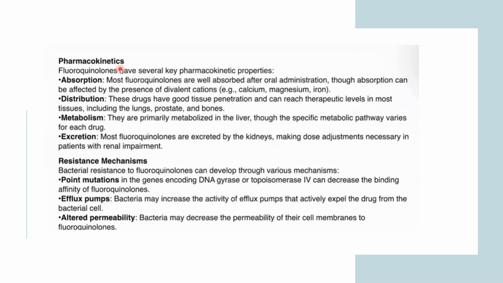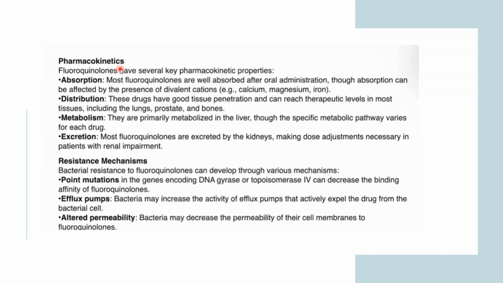Now the fourth point is excretion, how the drug is excreted from your body. Most fluoroquinolones are excreted by the kidney, making dose adjustments necessary in patients with renal impairment. So fluoroquinolones are mostly excreted by the kidney.